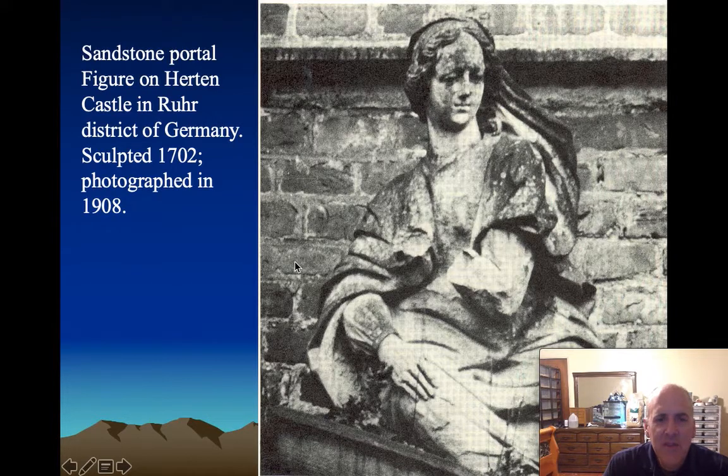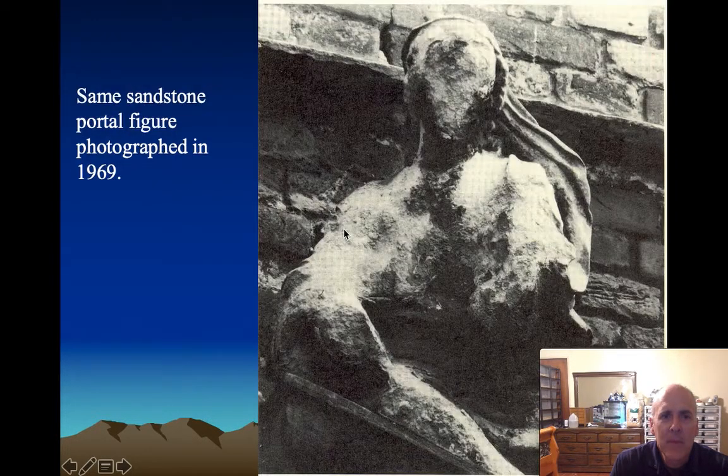And this is not necessarily an environmental hazard, but it is something we need to worry about. This is a statue. It's carved in 1702, and this was photographed in 1908. And you can see it looks old, but all the shapes are still there. This is the same one in 1969.